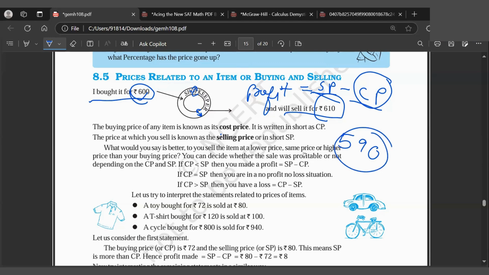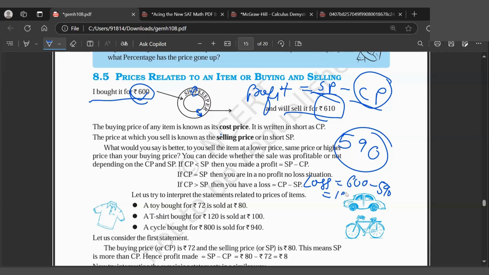So what is the loss here? We can say the loss is 10 rupees, 600 minus 590, right?